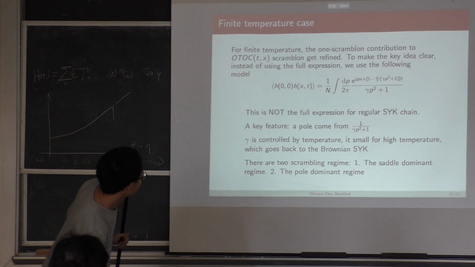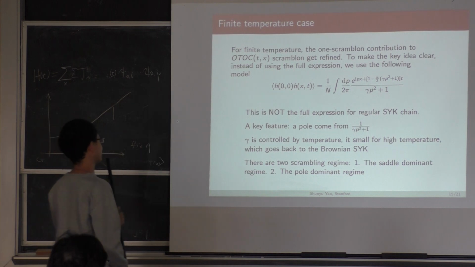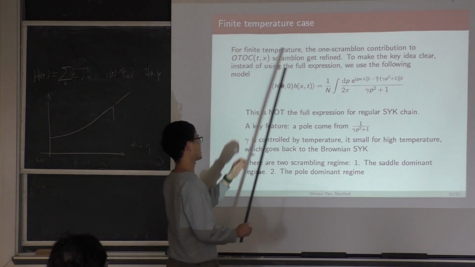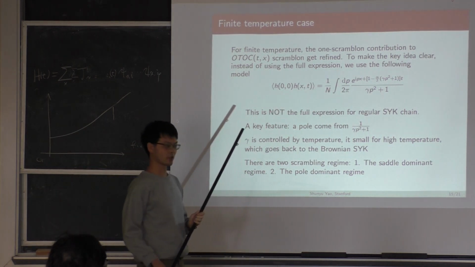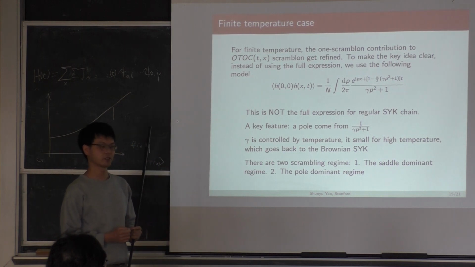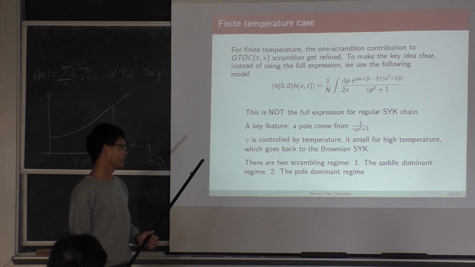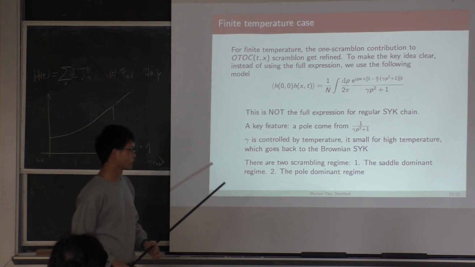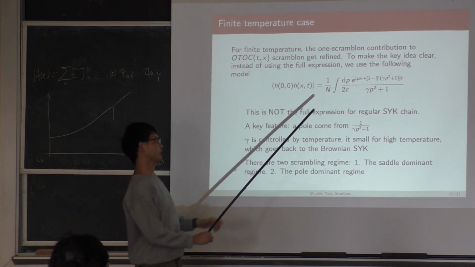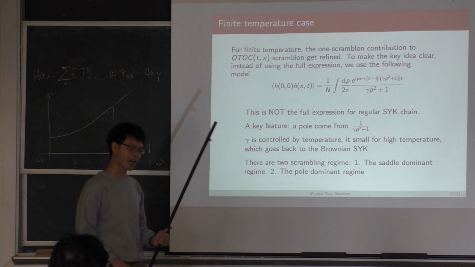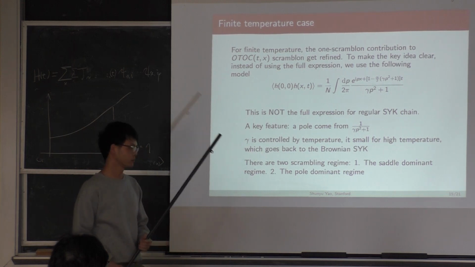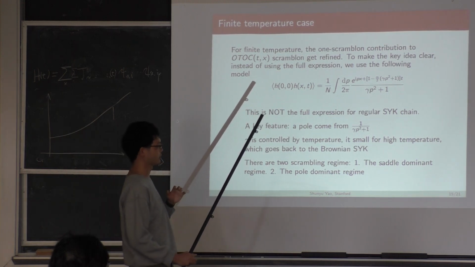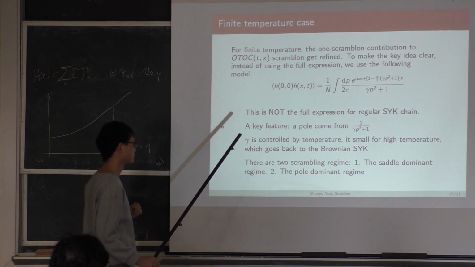This gamma parameter here in a realistic model is related to temperature. For example, in ordinary SYK, if you make the temperature really high, it will make this gamma parameter very, very small. In other words, when you do this integral over p, it's very hard to touch that pole, because the pole is at roughly 1/squared.